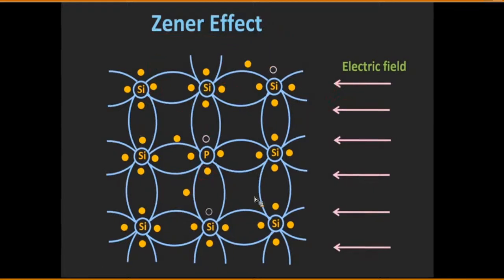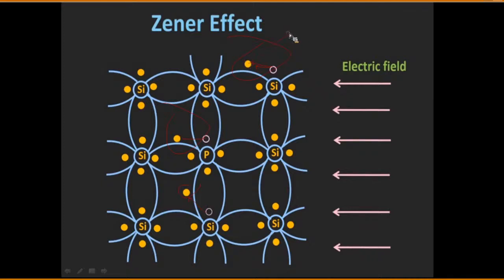Due to that, this bond was ruptured and one free electron came out, from this another free electron came out, and like this, so many electrons at a time will break the bonds, come out and become free carriers. Whenever these charge carriers come out more and more, breaking the bonds and becoming free charge carriers, there is a sudden increase of current.